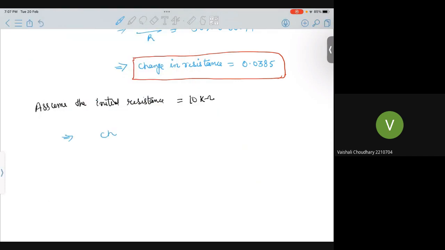Then the change in resistance would be 10 kilo times... so that would be 385 ohms.